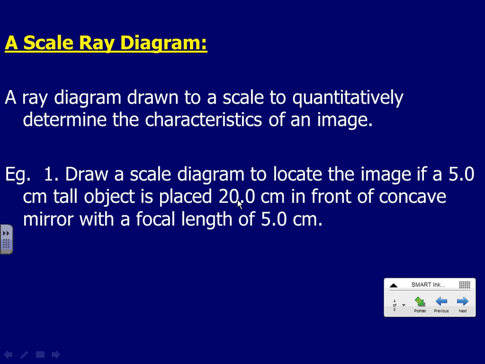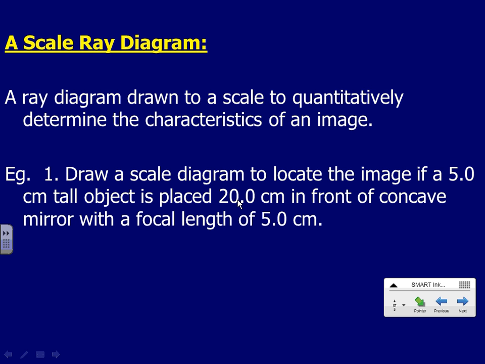Again, where the two rays come out, that's going to be the top of my arrow. And it is going to come down and touch the principal axis. And there is my image. Okay?